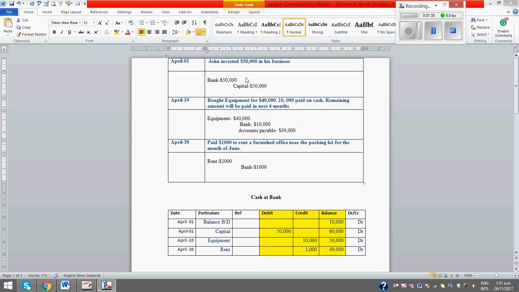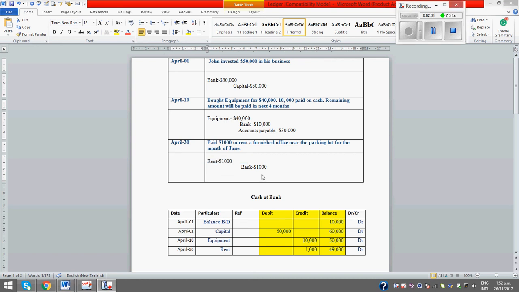We have to prepare a different ledger for different accounts. So let's see how many accounts we have. We have bank 1, capital 2, equipment 3, accounts payable 4, rent 5. So we have 5 different accounts, which means we have to prepare 5 different ledgers.